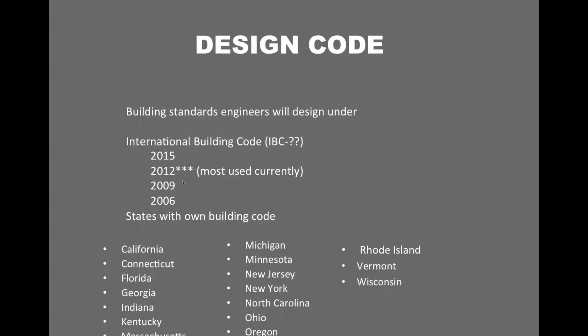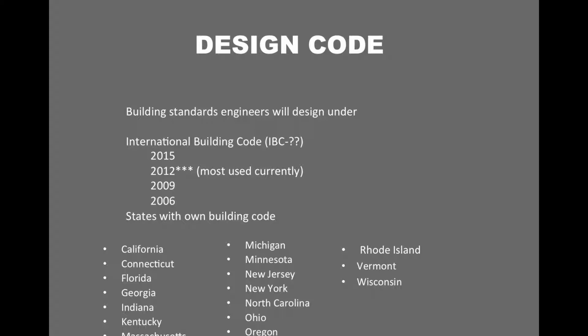Right now, the majority of building departments are under IBC 2012, but I've seen a few projects where they're still under IBC 2006. So again, it's probably a good idea to call your building department and ask them what design code they're currently under. Outside of that, there's not really much more that you need to know. This is really more for the engineer who will be designing your building. They will work off of the code standards from that design code.